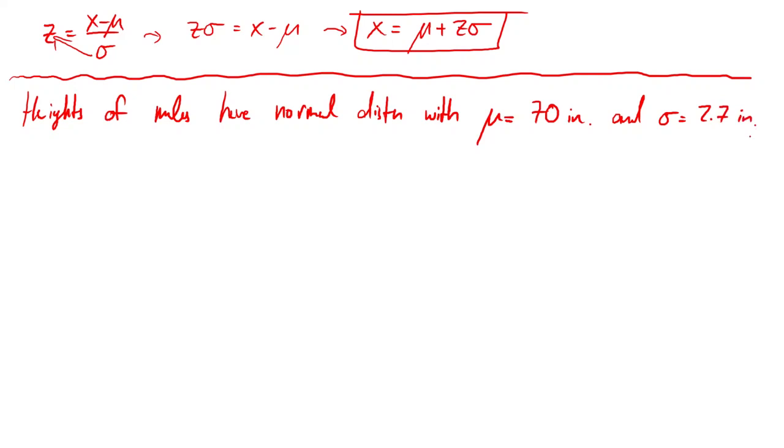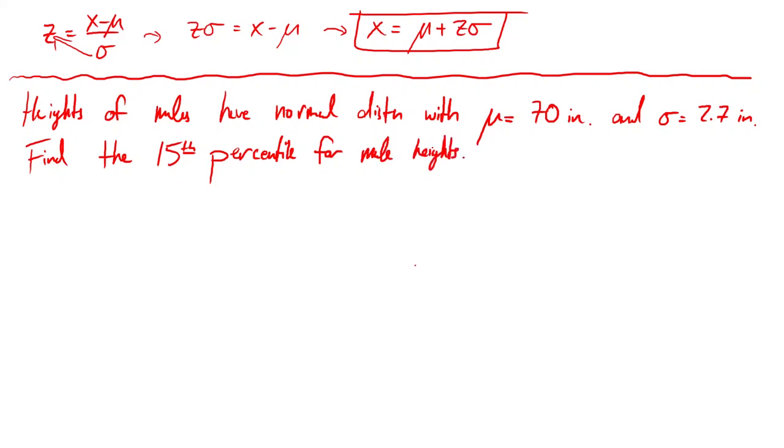Okay, and let's say I want to find, I don't know, why not the 15th percentile or something? 2.7 inches? Yeah, we'll say 2.7. So let's find this 15th percentile for male heights. So how short would you have to be to be in the shortest 15% of men, if that's the distribution of male heights?